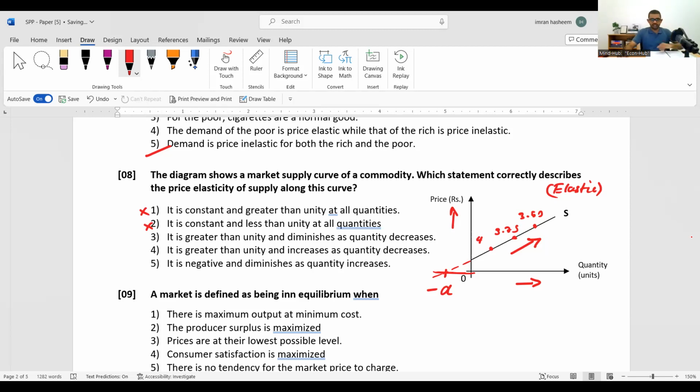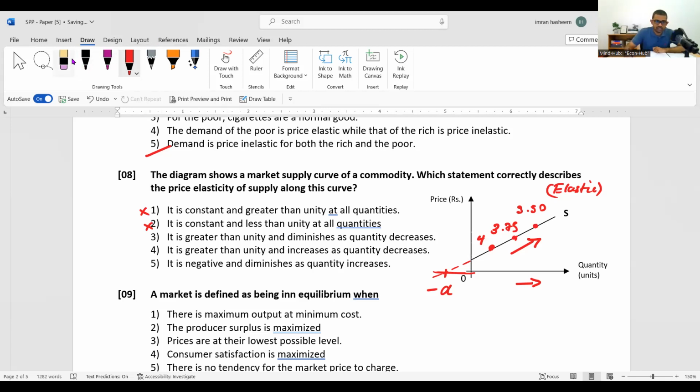Diminishes as quantity decreases. But if we go the other way, right? Now I have some values given for you. I'll write the values a bit more clearly. Assume the PES is 4 here, 3.75 here, 3.50 here, okay? At these points. As long as we go upwards, you can see the coefficient values are decreasing.